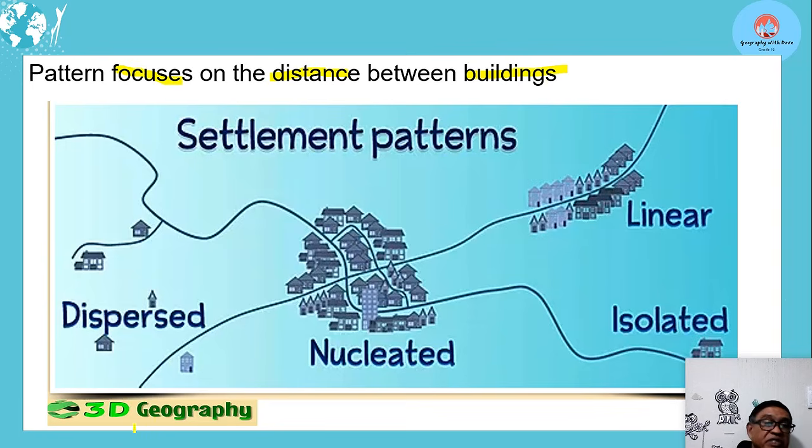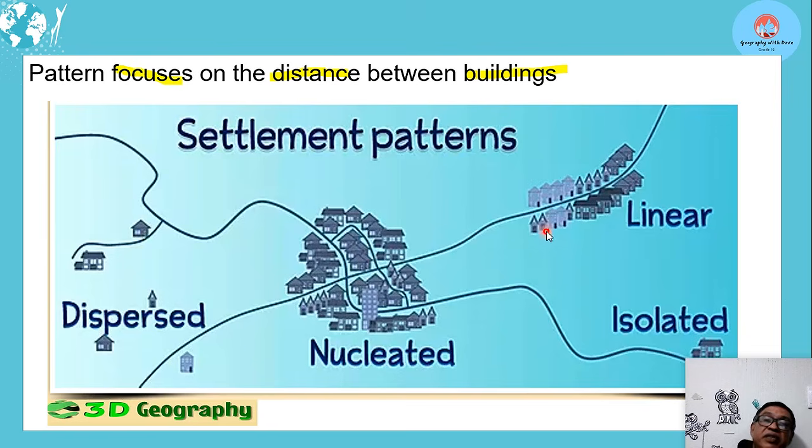Like here, if I get my laser pointer, the buildings are close together. So it is nucleated. And here the buildings are far apart and therefore it is dispersed or isolated. Can you see it? It's far apart.